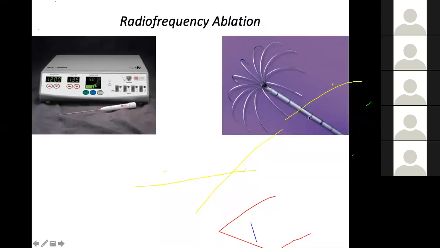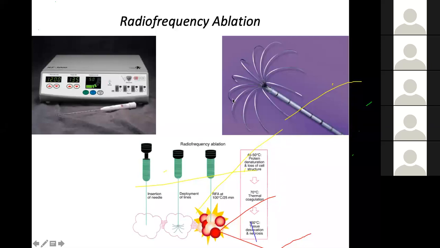You may be shown a needle which has stylets coming out like this. This is a starburst needle which is used for radiofrequency ablation of solid tumors such as the liver tumors or renal tumors.